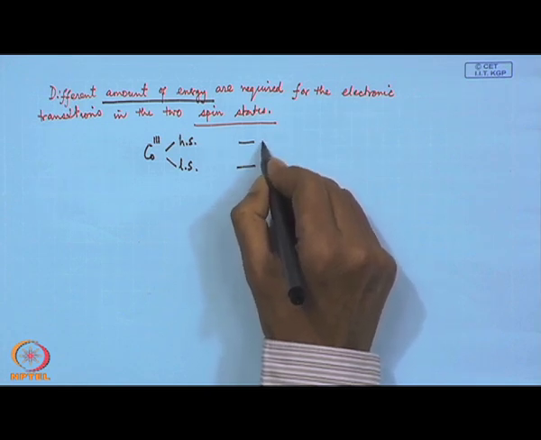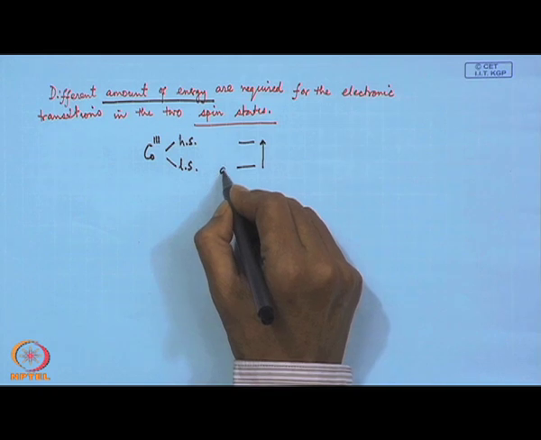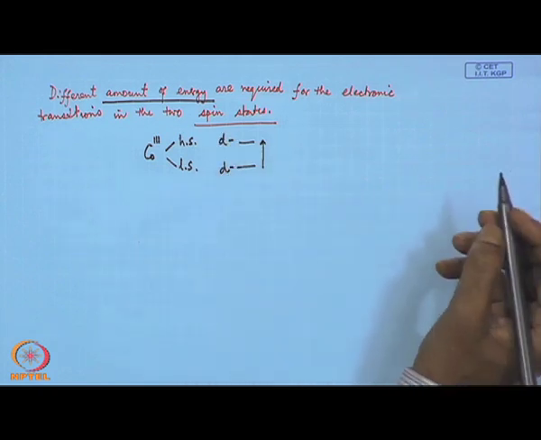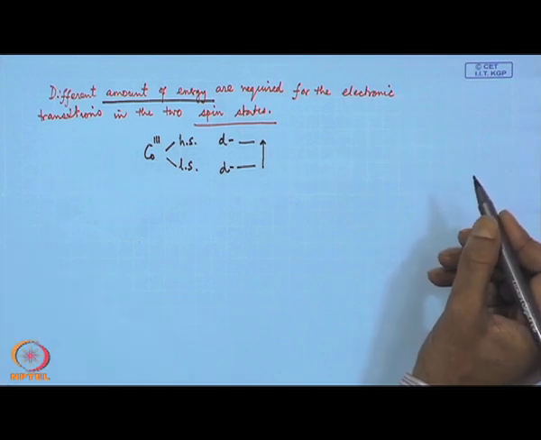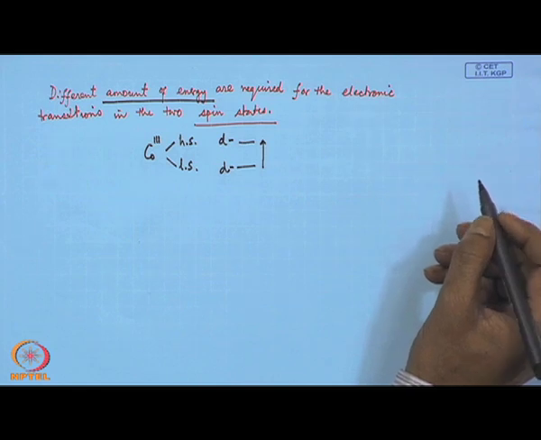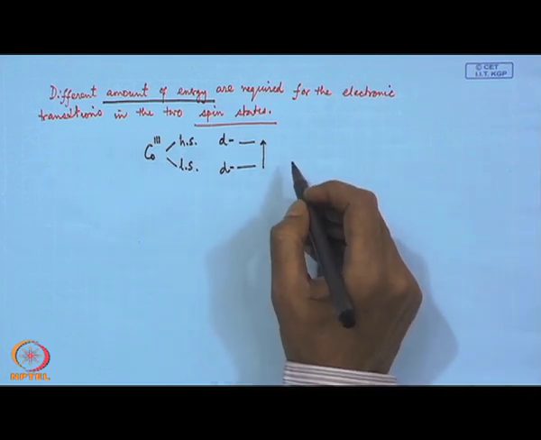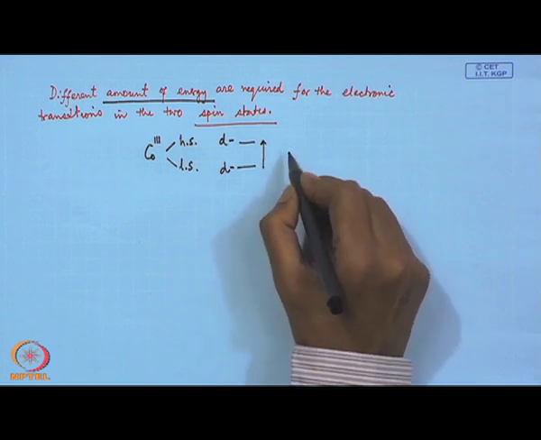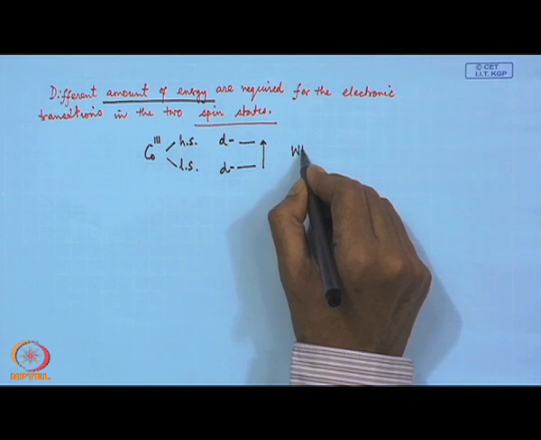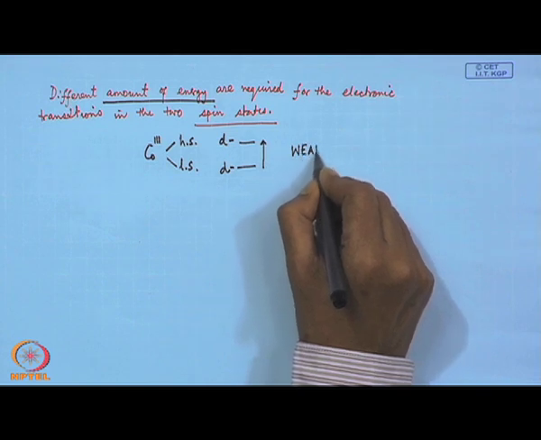So, the transition taking place from one d type orbital to another d type orbital, that is why we call it a dd transition. But through some selection rules and all these parameters that can control the corresponding transitions, we will find that these dd transitions are not very much allowed. That is why the corresponding intensity of these transitions is weak.